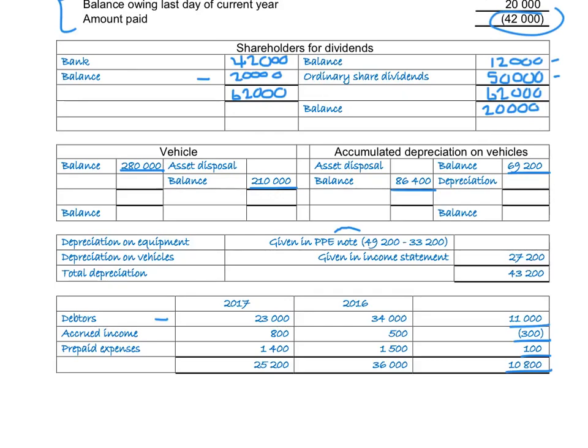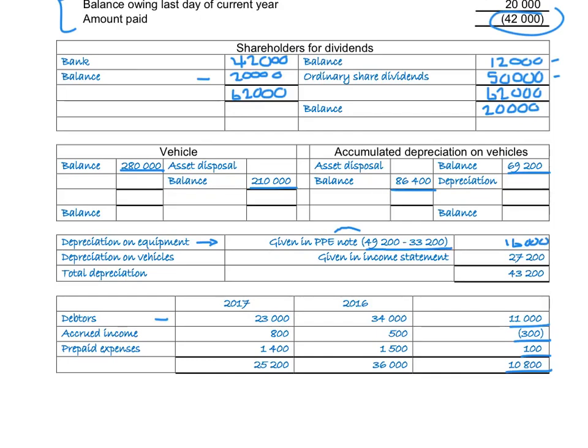To calculate the depreciation on equipment, because we didn't sell equipment, we can just subtract the accumulated depreciation balances from each other, and that will give us the total amount of 16,000 Rand for depreciation on equipment.